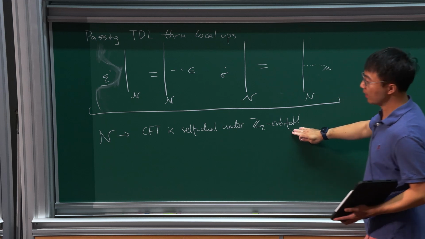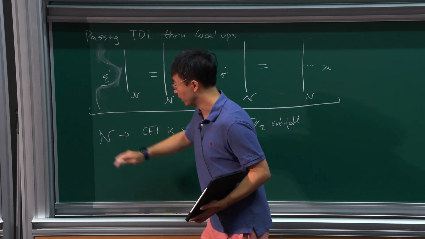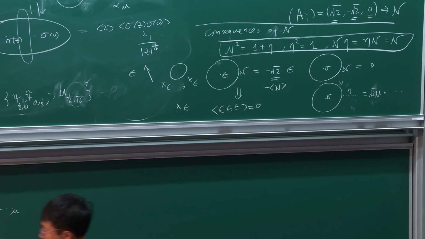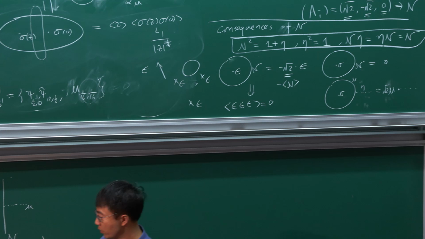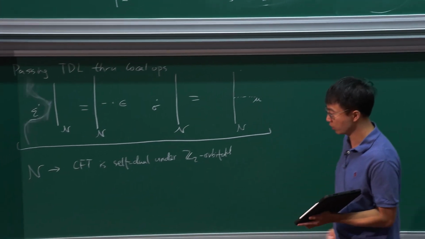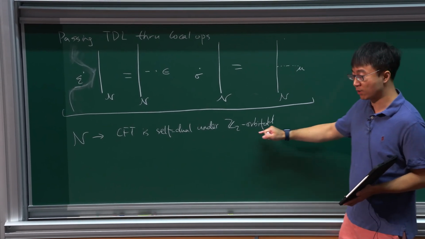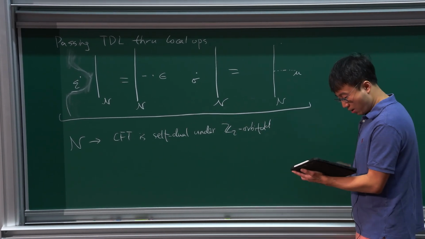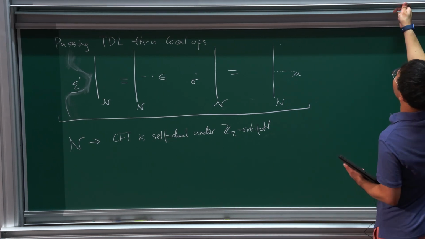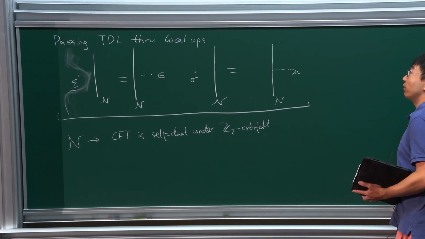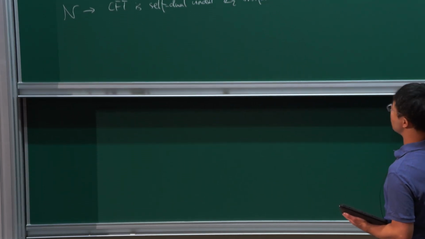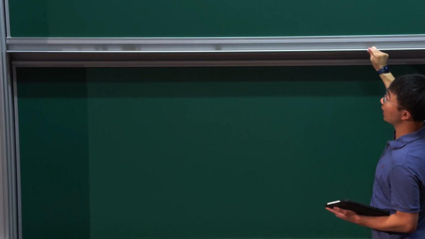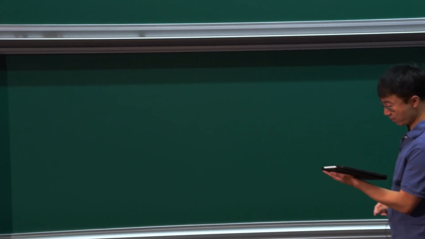This is the general statement: whenever you have a symmetry defect that satisfies this set of fusion rules, you can show that the CFT is always self-dual under Z2 gauging, which is something we'll describe next in the more general setup. But in the homework, you show this explicitly in the case of Ising, which does have this symmetry. All right, so that's the discussion of this small explicit example of a non-invertible symmetry in the context of the Ising CFT and the data that specify how the symmetry acts on the CFT.